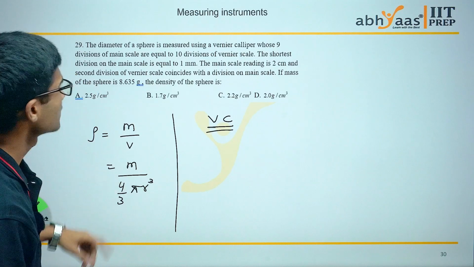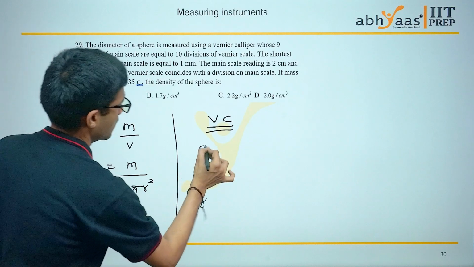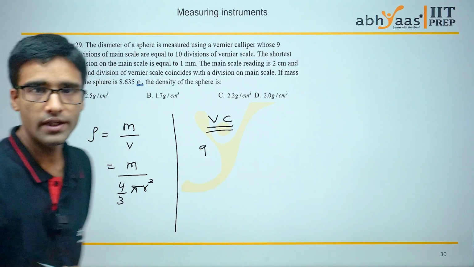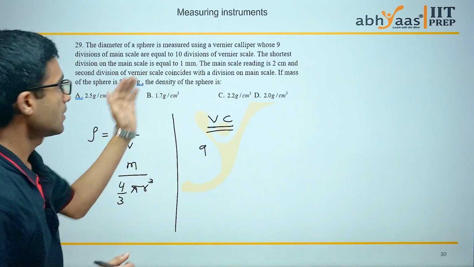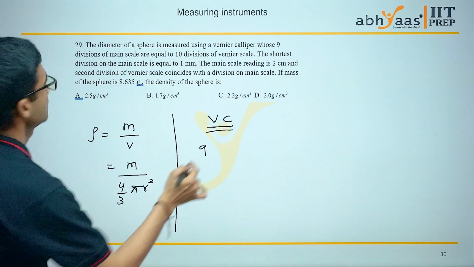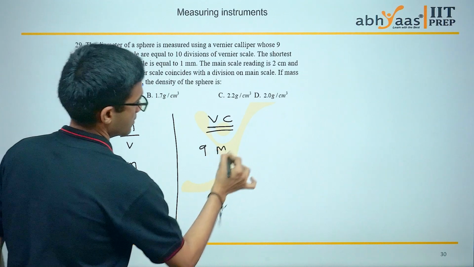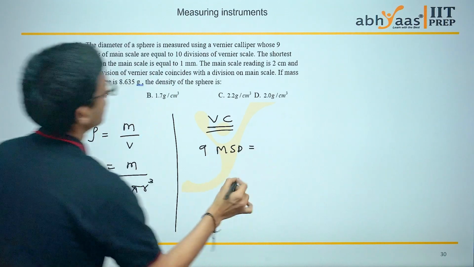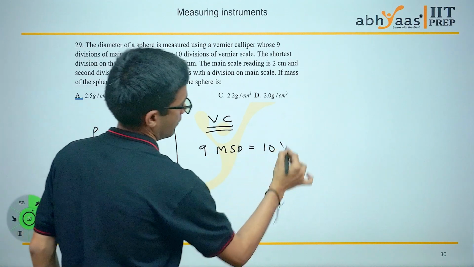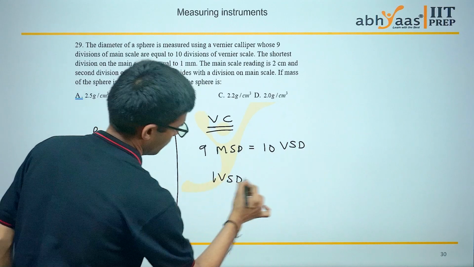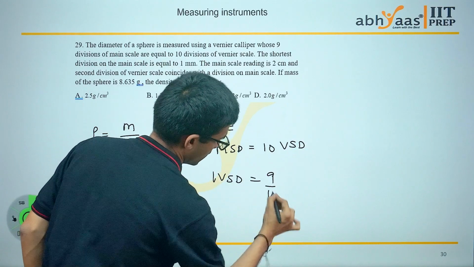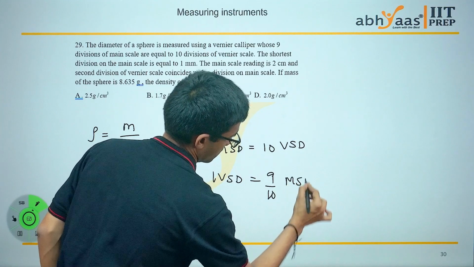So now I am trying to calculate the total reading using the divisions. You observe here 9 MSD, main scale divisions, is equal to 10 VSD. 1 VSD is equal to, same formula, 9 by 10 MSD.